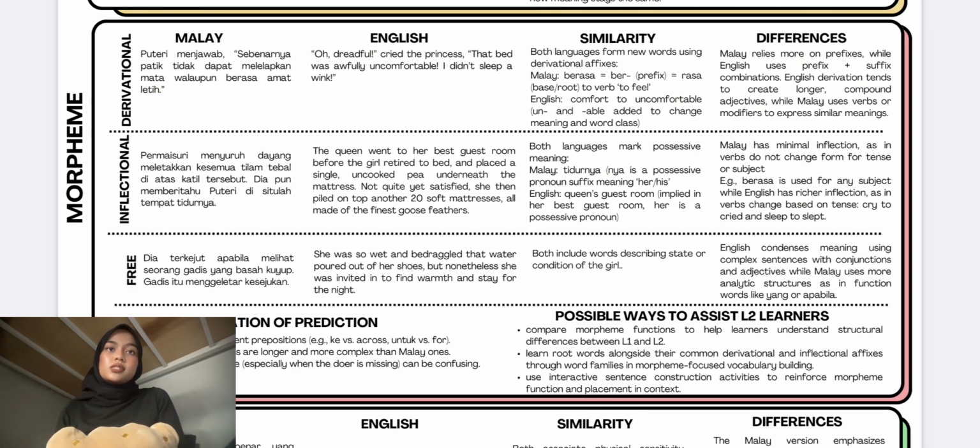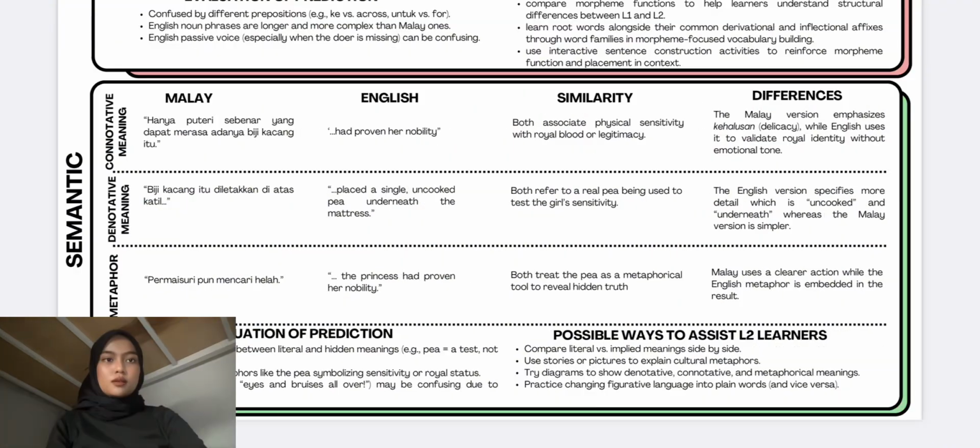Next is L2 learners can learn root words alongside their common derivational and inflectional affixes through word families, for example, happy, happiness, and unhappy, in morpheme-focused vocabulary building. And the last one is L2 learners can use interactive sentence construction activities like games or tasks where learners build sentences using base and affixed words to reinforce morpheme function and placement in context.